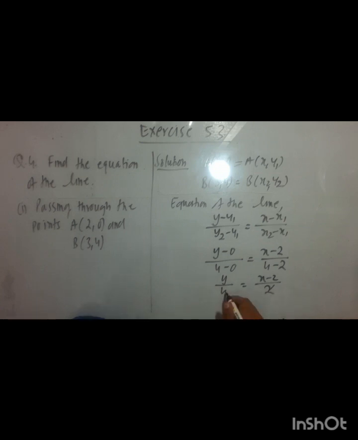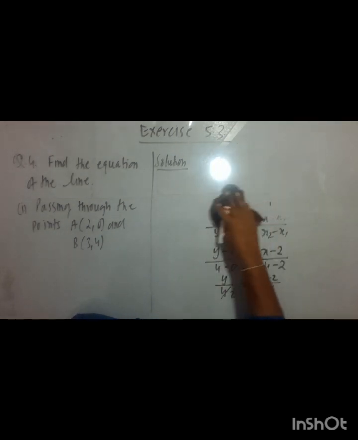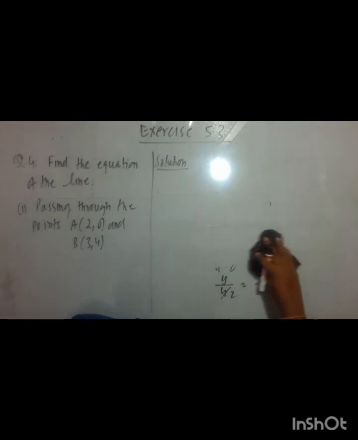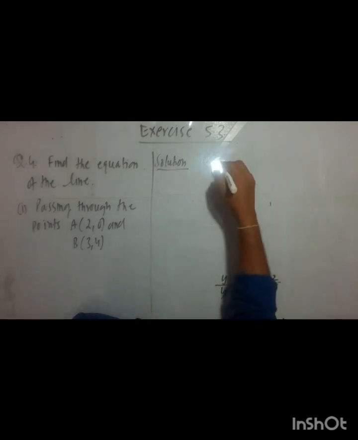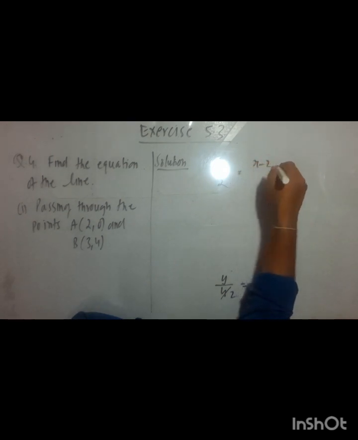Now 2 ones are 2 and 2 twos are 2. So this is y upon 2 and this will be x minus 2.